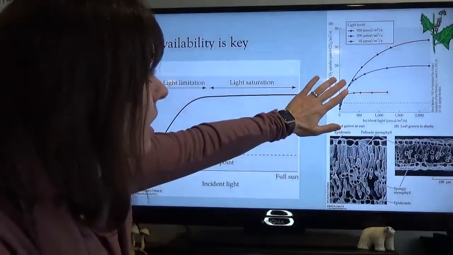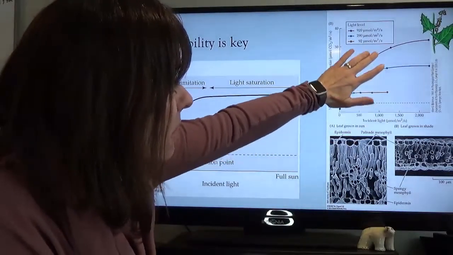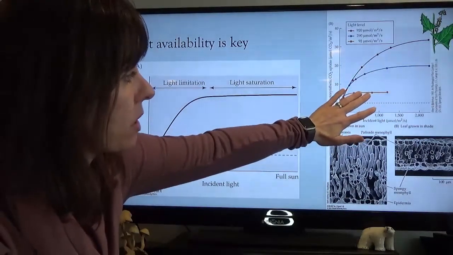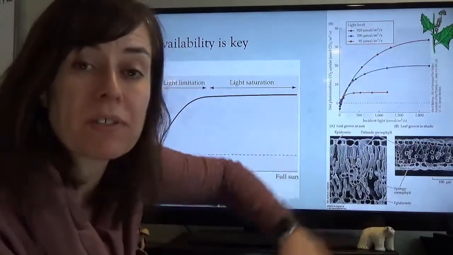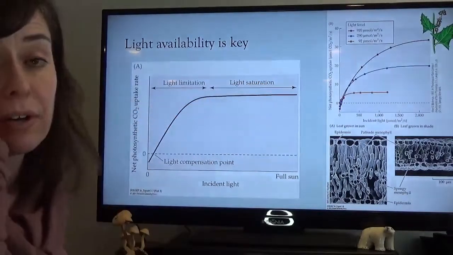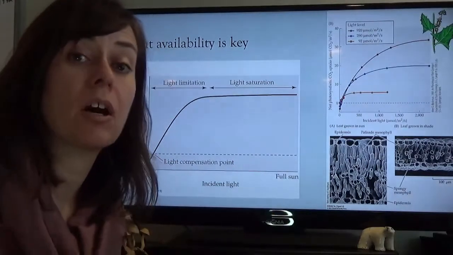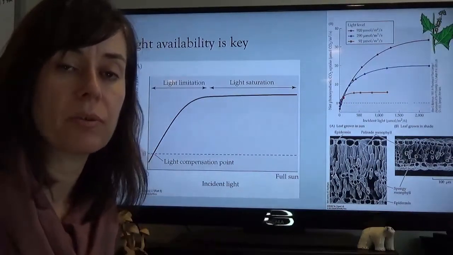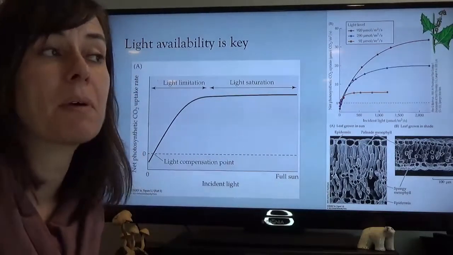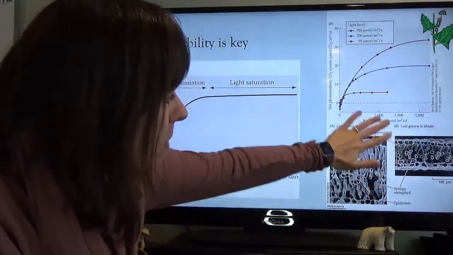You can see that here for plants grown in low, medium, and high light: the maximum amount of sunlight required for a leaf of a plant grown in low light is lower than for a leaf grown in high light. So light saturation varies from individual to individual depending on light environments, and from species to species depending on their life history, whether they are very productive, very light demanding, or very shade tolerant species.